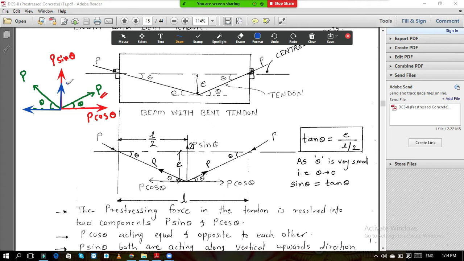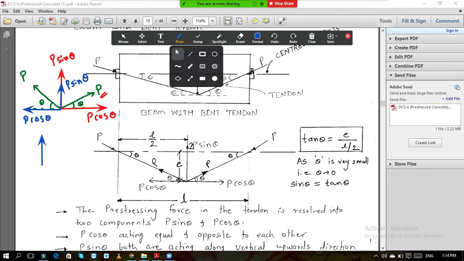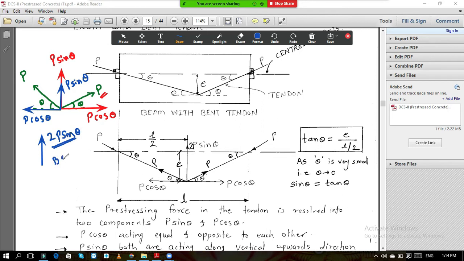The P cos theta components are equal and opposite to each other, but you will get a vertical force, and the value of this force is 2P sin theta, which gets developed due to the bent profile of the tendon.